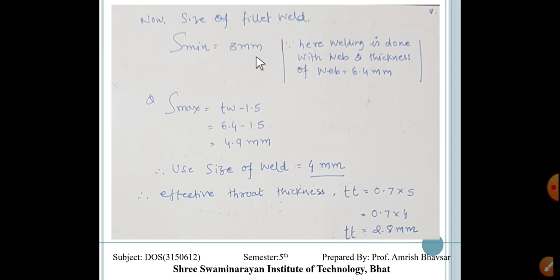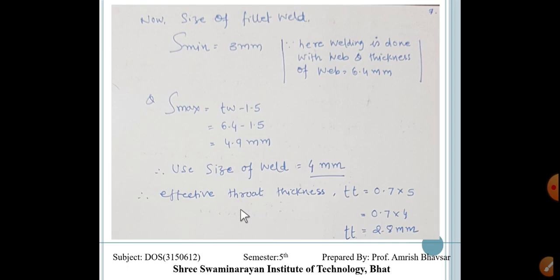S minimum is 3 because here we are going to connect the web of the channel section, and the thickness of that web is 6.4 mm. So up to 10 mm, S minimum is 3 mm, and S maximum is the thickness of web minus clearance, so we will get 4.9. Now we can take any value between these two. So we are taking S as 4 mm for this case.